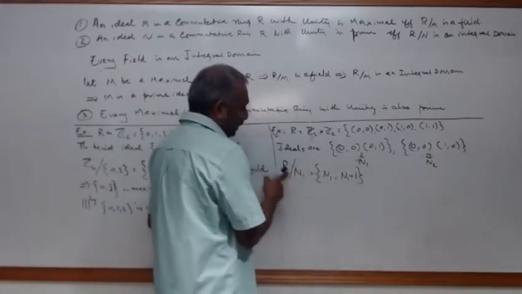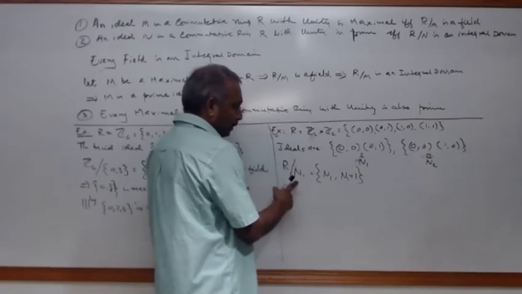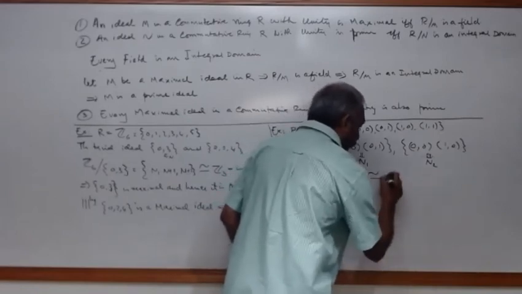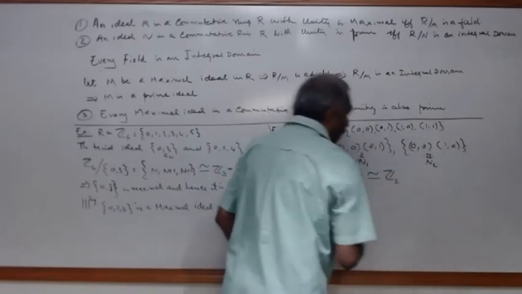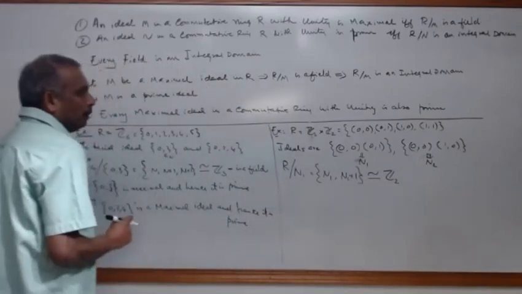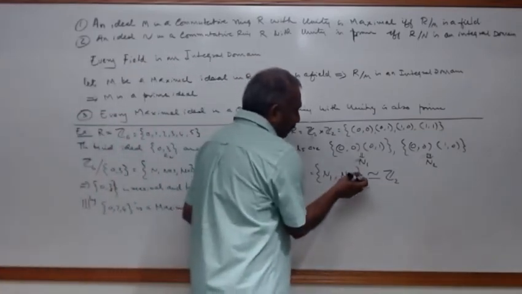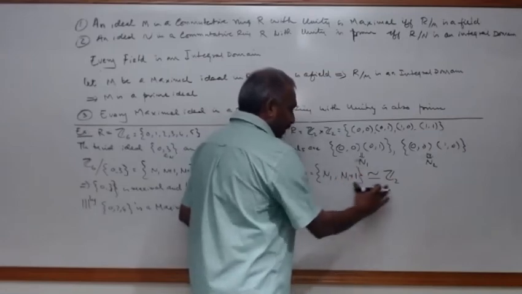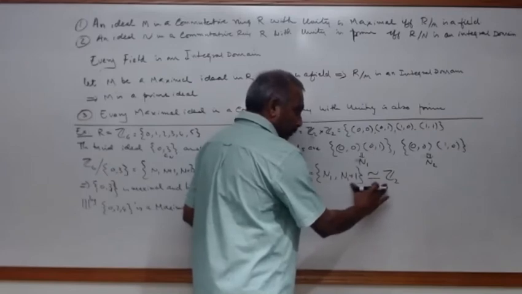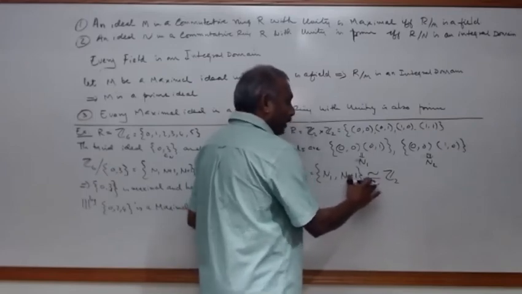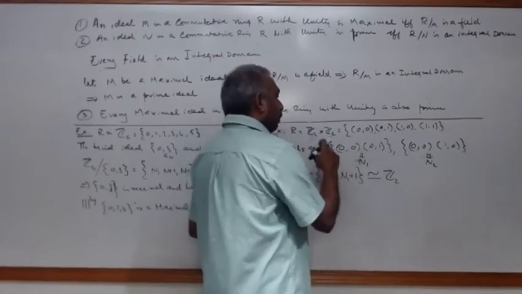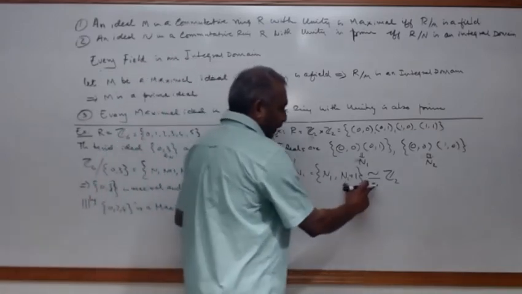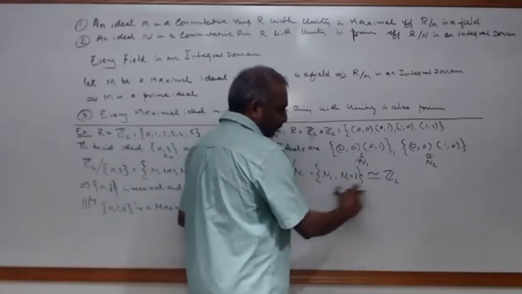This has 4 elements and n1 has 2 elements, so if you take the quotient, you'll have 2 elements. And this is isomorphic to Z2. The verification of the isomorphism I'm going to leave to you. Isomorphism does not just mean having the same number of elements. It should also preserve the binary operations, multiplication and addition. Same case here.